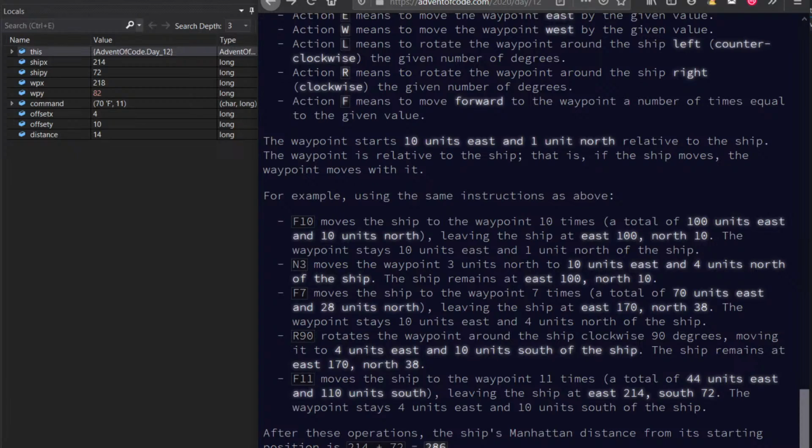The waypoint stays 4 units east and 10 units south. So 4 units east, 218, yeah. And 10 units south, 82.